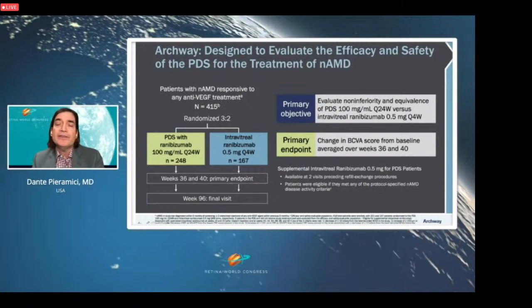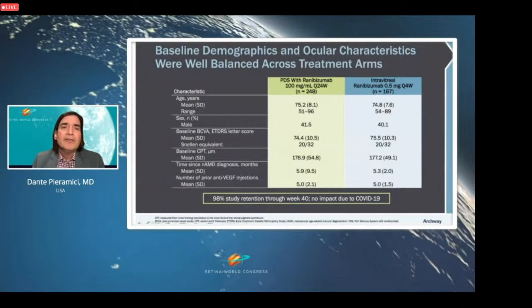The primary endpoint of this study was a change in best corrected visual acuity score from baseline to an average over weeks 36 to 40. Patients in the PDS arm could get rescue therapy if criteria was met. The baseline characteristics and demographics were very well balanced between the arms and fairly typical for what we see in AMD-type trials.